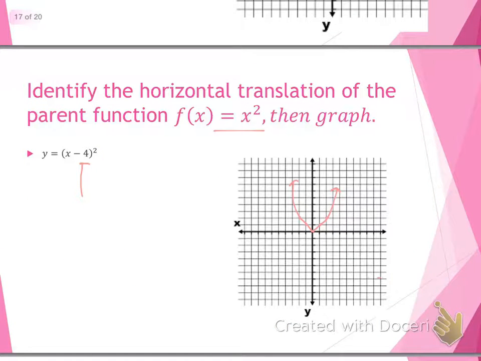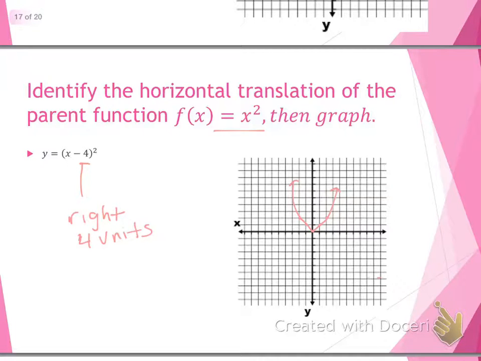So we are going right four units. So each of my points, I'm then going to shift right 4 units.